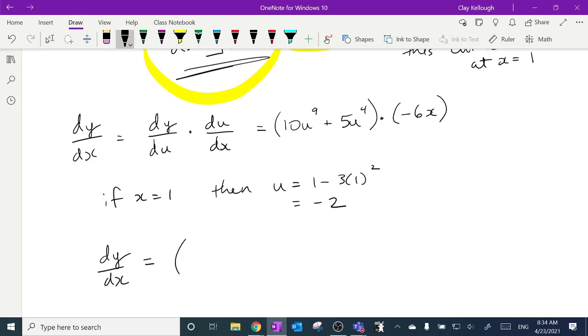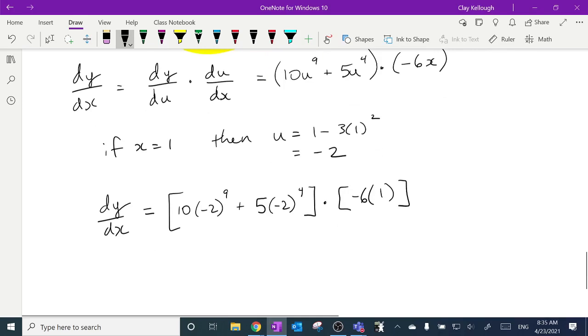So it's going to be, let me use square brackets, 10, and instead of u, I now know u is negative 2, so that's negative 2 to the power of 9, plus 5 times negative 2 to the power of 4, times negative 6, and x, remember, is just 1.